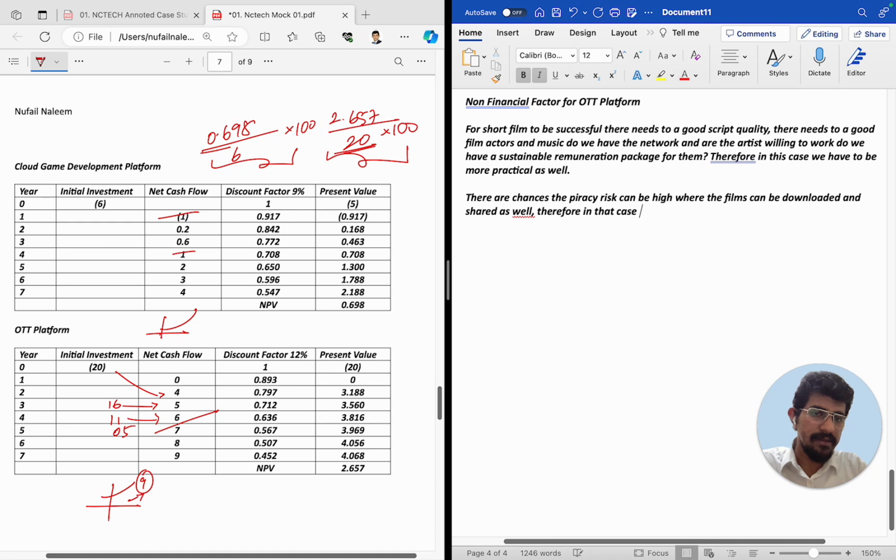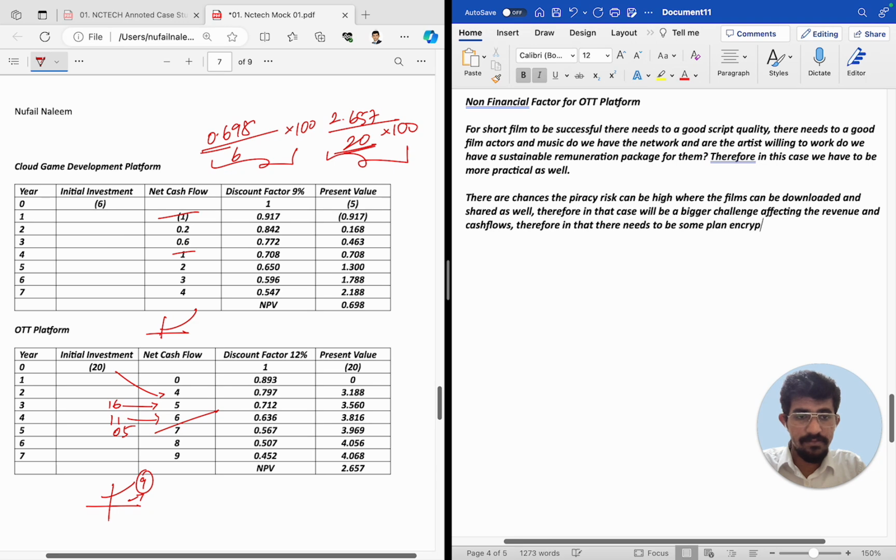Therefore, in that case, will that be a bigger challenge affecting the revenue and cash flows? Therefore, there needs to be some plan on encryption to be considered. Students, that is one important factor you have to keep in mind.